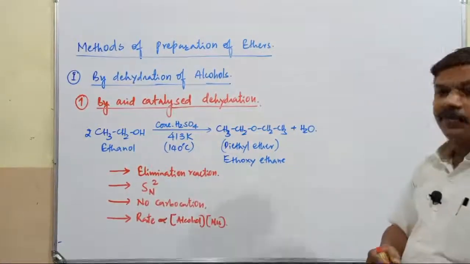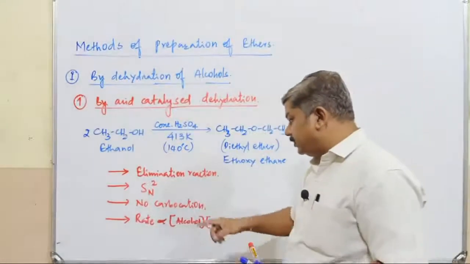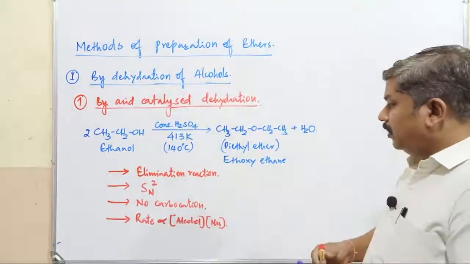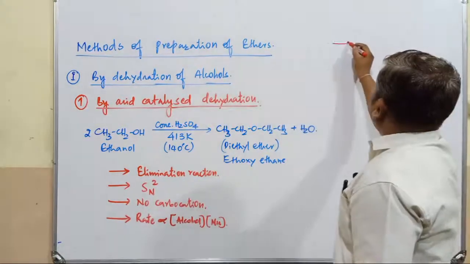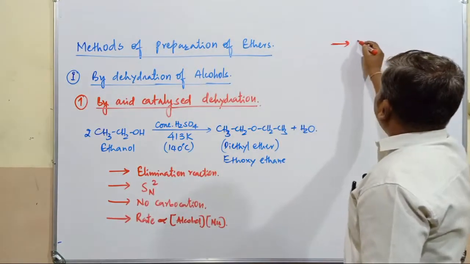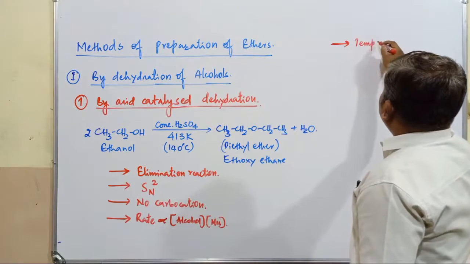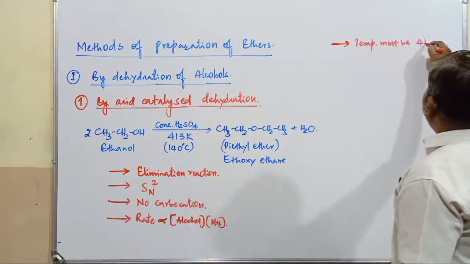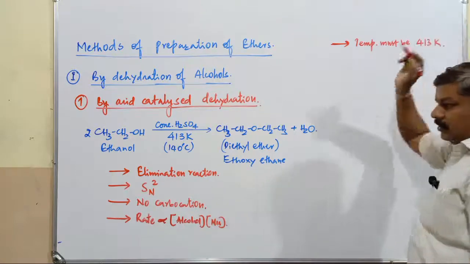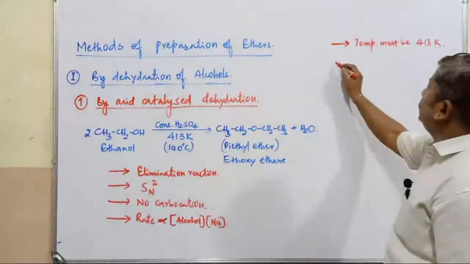In case of E2 bimolecular elimination reaction, there is no carbocation. A strong nucleophile is going to be required. And next, to carry out this particular ether formation, remember, temperature must be 413 Kelvin.